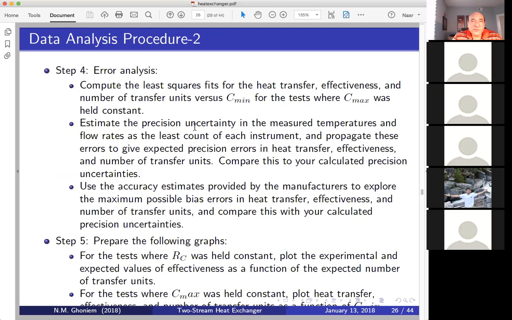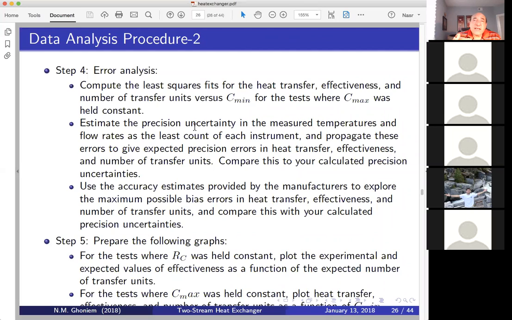The theoretical, of course, is a continuous line because you just plug into equation 18 or 19 and you get a line. But the experiments is what you actually measure for epsilon, and that has to have an error bar on it. So you can imagine you have a line from equation 18, 19, and on top you have some points, and each point has some error bars on it. So this is one type of graph.